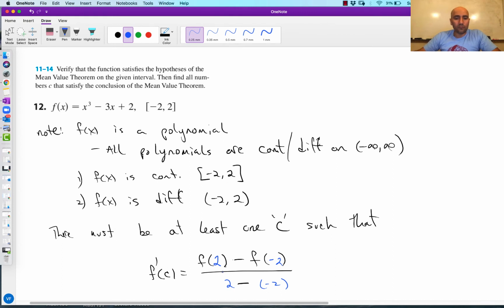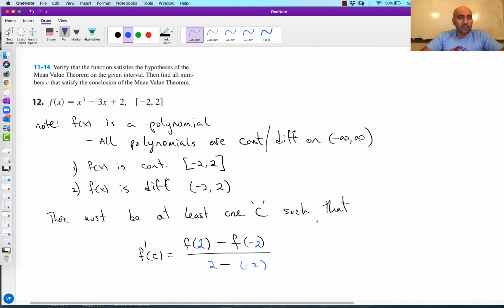Okay, so there's at least one c that satisfies this. Let's actually evaluate f of 2 and f of negative 2 so that we can simplify this, and then we can take the derivative of this function and set it equal to that so we can find the value or values of c that satisfy this condition.